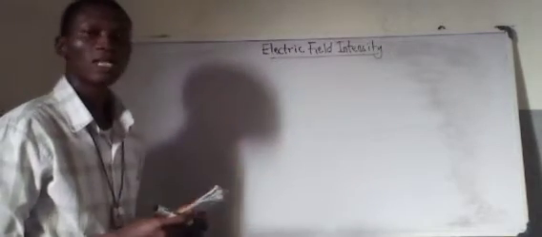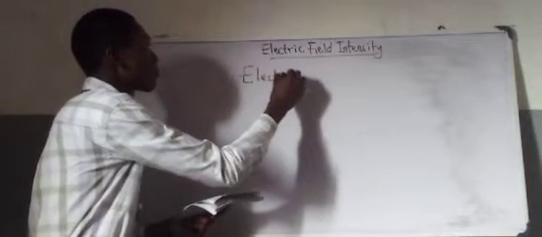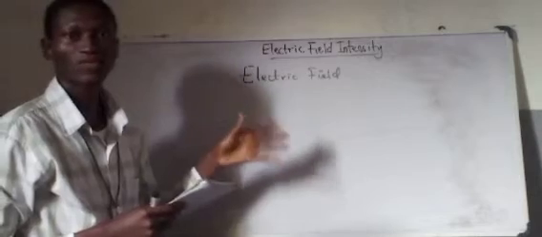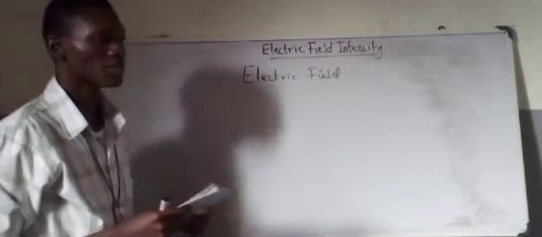So, we'll be looking at electric field intensity today, and the question is, what is electric field? Now, electric field is actually the region where electric force is felt or experienced by a charge.